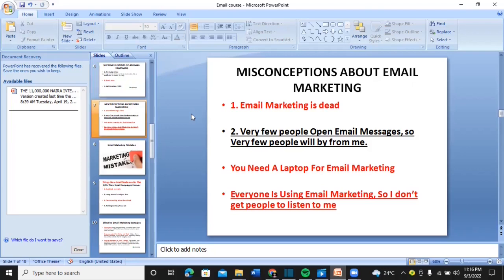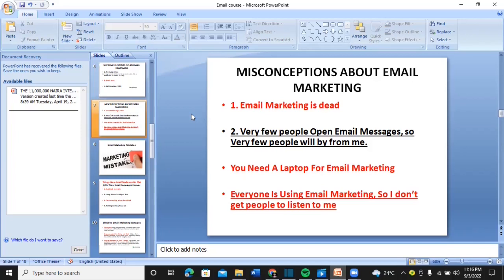So those saying email marketing is dead is just one of the strong misconceptions about email marketing strategies. Email marketing is pretty much alive. It is not dead.